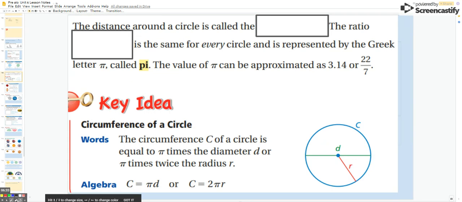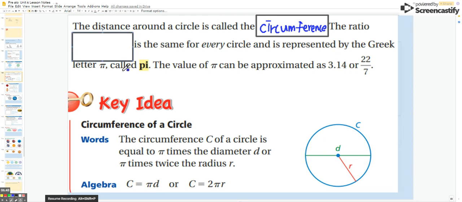And then the distance around the circle is called the circumference. And then the ratio of circumference to the diameter is the same for every circle.